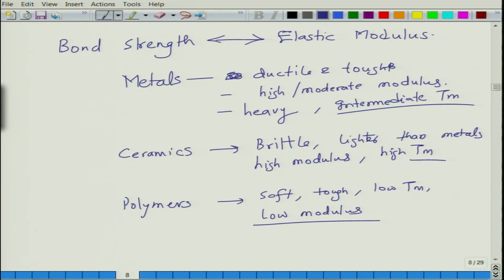So, this difference between the materials based on their bonding characteristics, leading to different properties, can allow us to design certain materials with high modulus depending upon what we want to do with them.